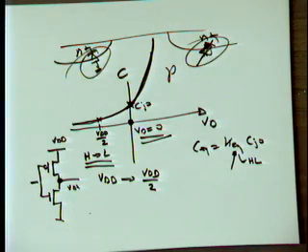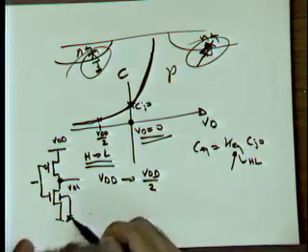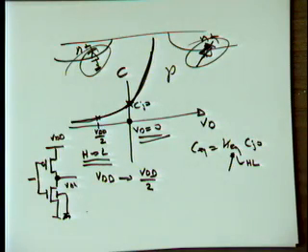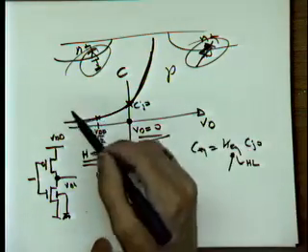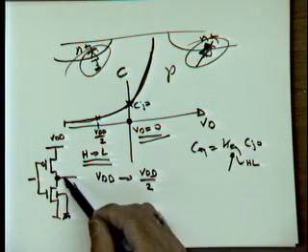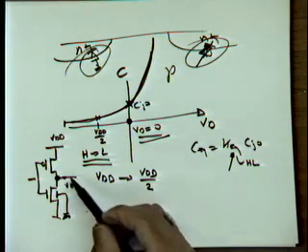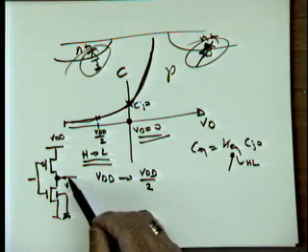Now let's think about the diffusion cap of the NMOS at this point in time. Here, the substrate of this device is at ground. So, where do we start? Well, in the initial point, this diode from the drain to the substrate, the output node is at VDD to start with.